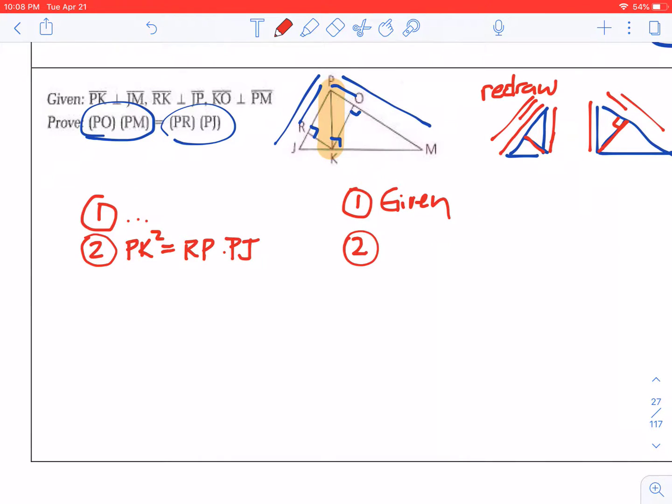And along with that, we're going to use PK squared is equal to PO times PM. And why do we do this? Because of the altitude to the hypotenuse theorem.